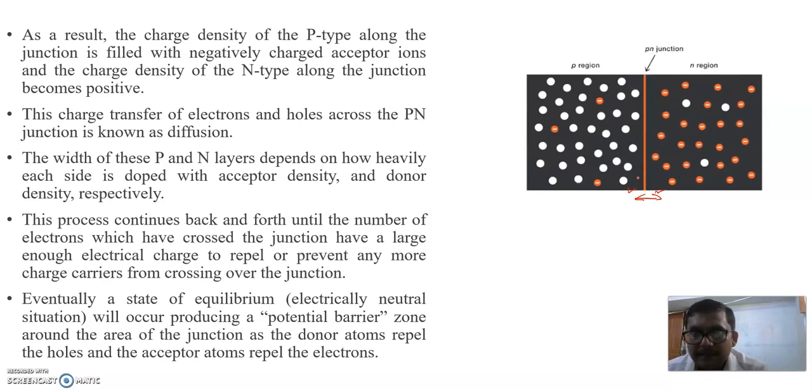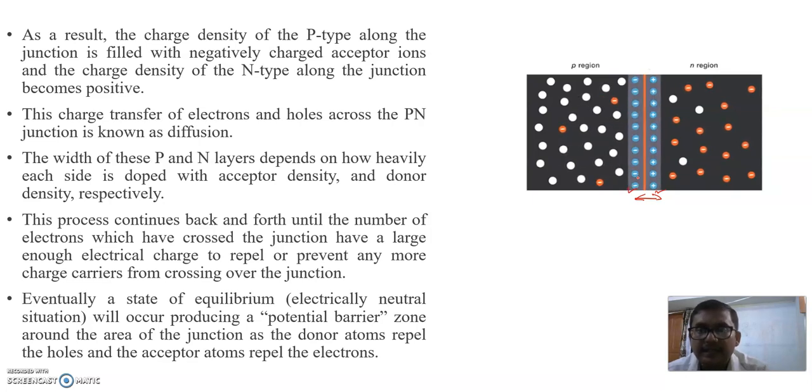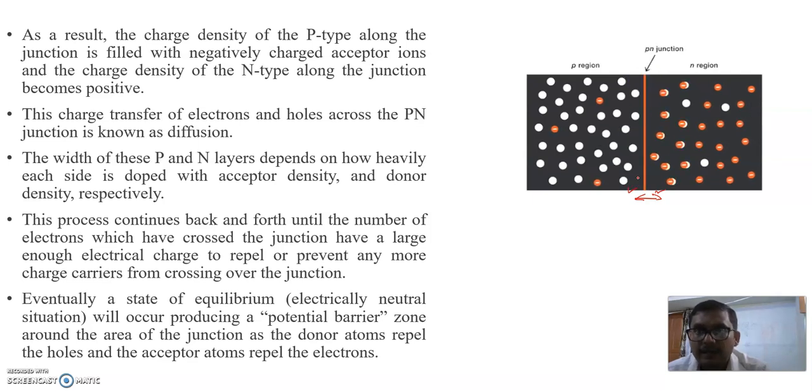If the p-type and n-type semiconductors are heavily doped, the width of the depletion region is small, and if they are lightly doped, the width of the depletion layer is more.